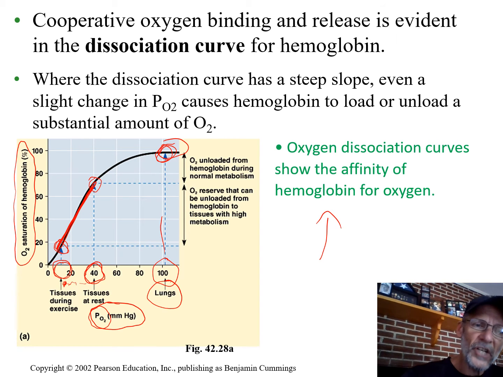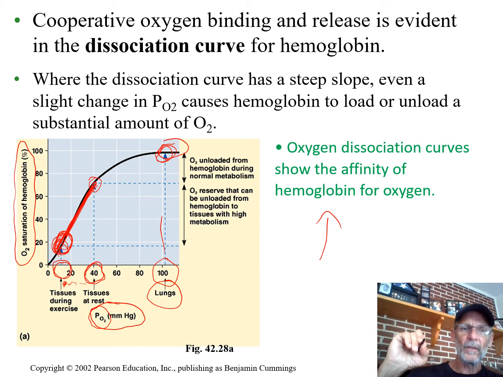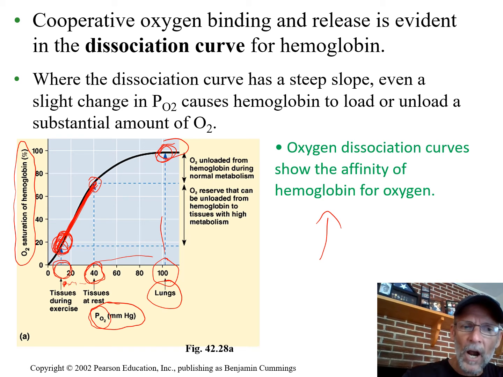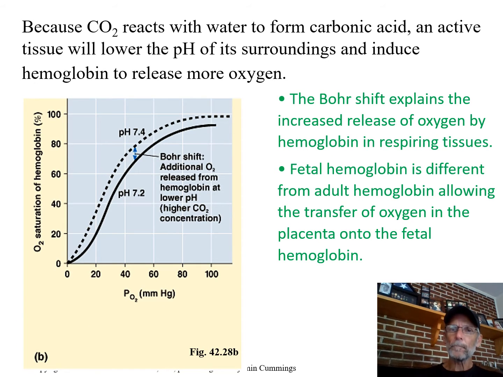When hemoglobins start to grab oxygens, they get really better at grabbing them. And then if you add more and more oxygen, they just can't hold as much more. They've already gotten pretty good at grabbing them, so the curve is not quite so steep. If that made sense, fine. If it didn't, don't worry about it, because this is Corona year and you don't have to answer this on the test.